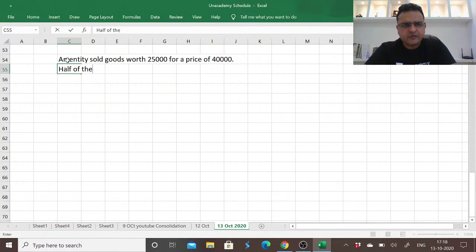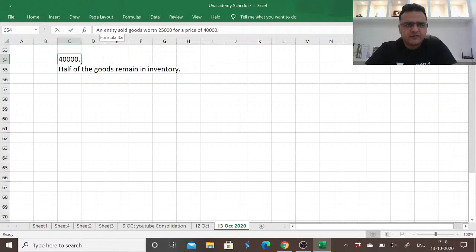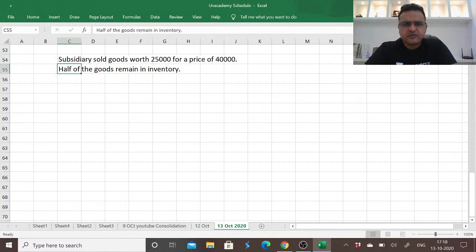Half of the goods remain in inventory. So instead of parent, I'll say the subsidiary sold goods worth 25,000 for a price of 40,000. Half of the goods remain in inventory.